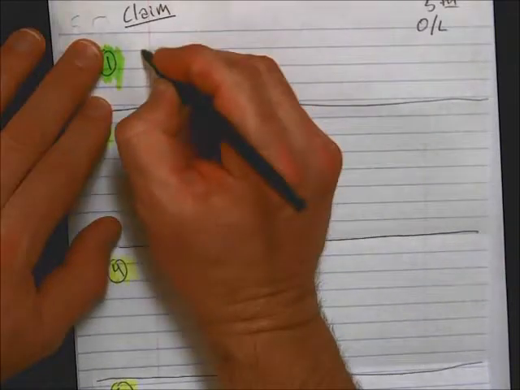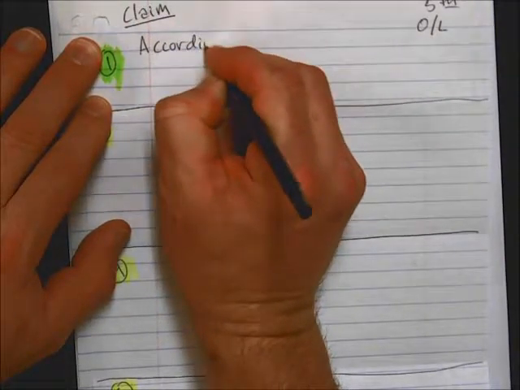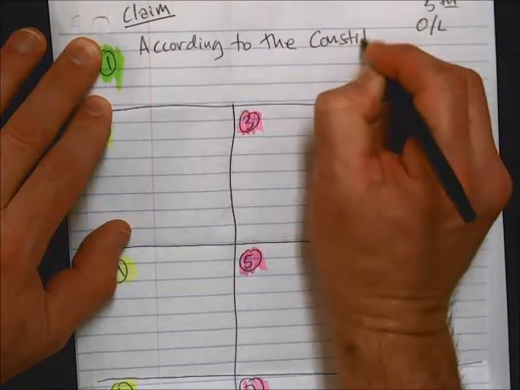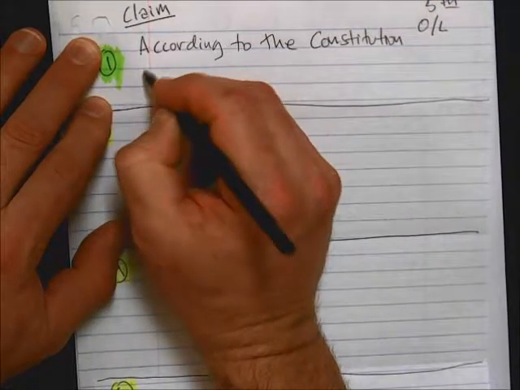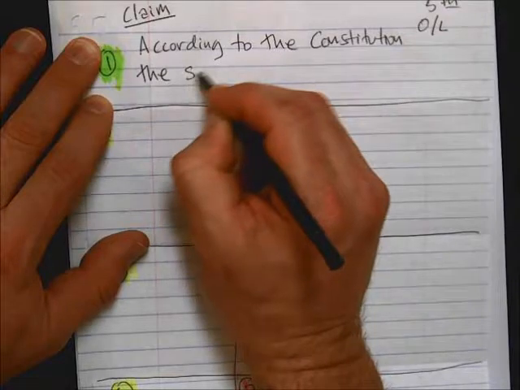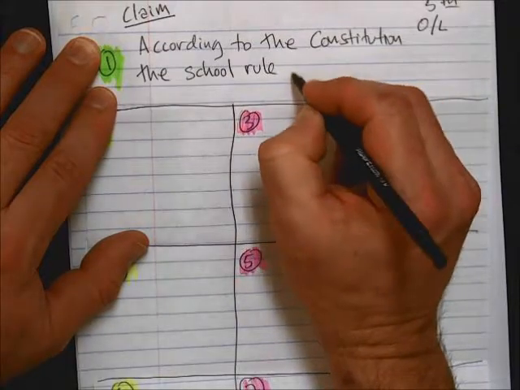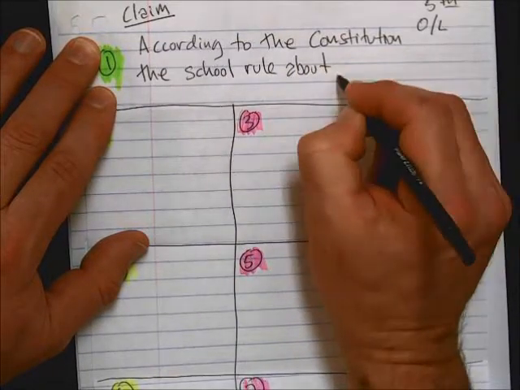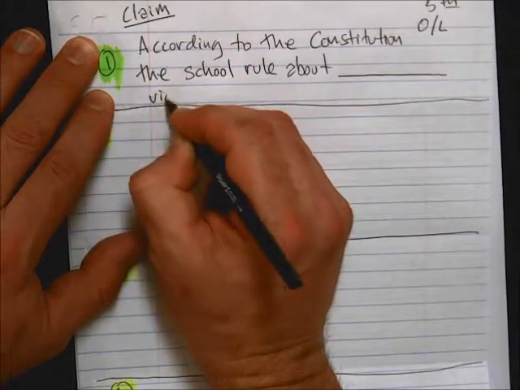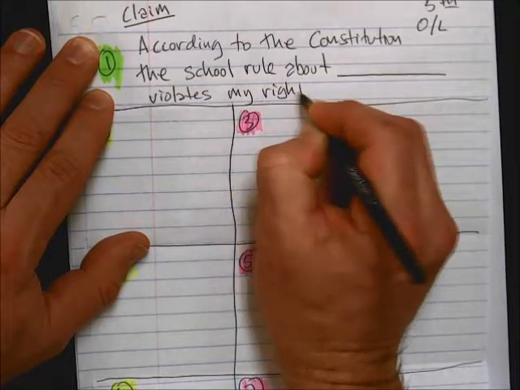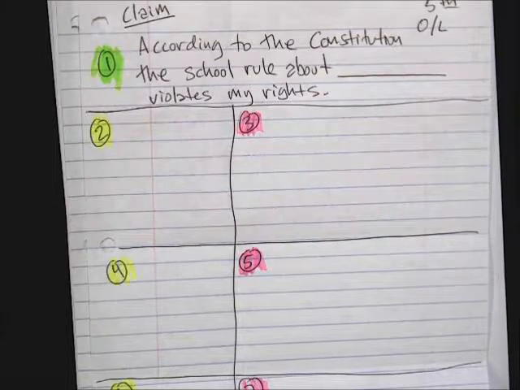Let's say according to the Constitution, the school rule about guns, whatever it is, violates my rights.